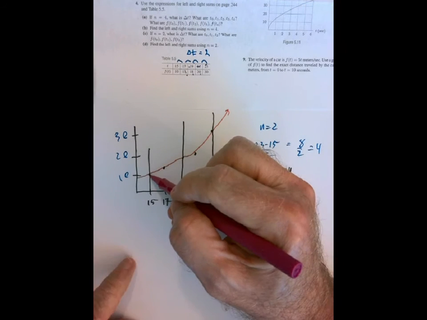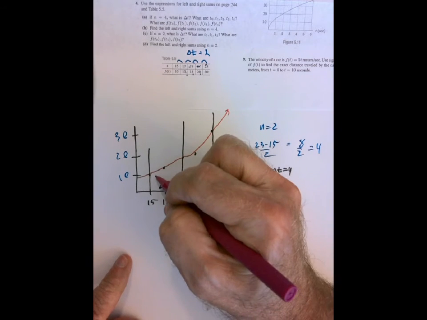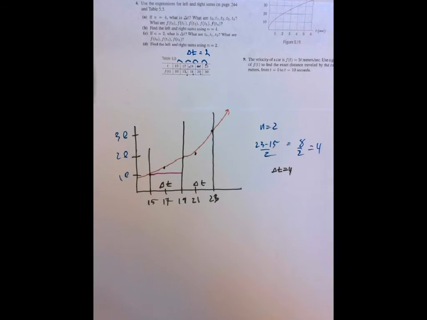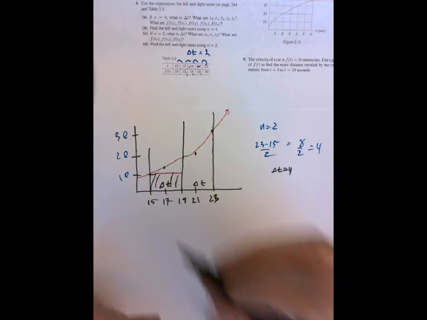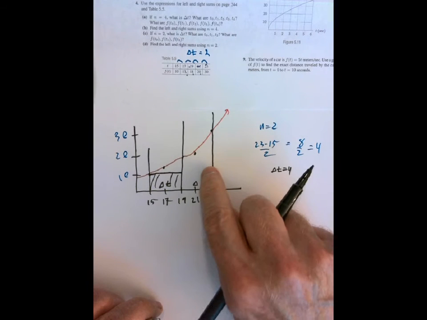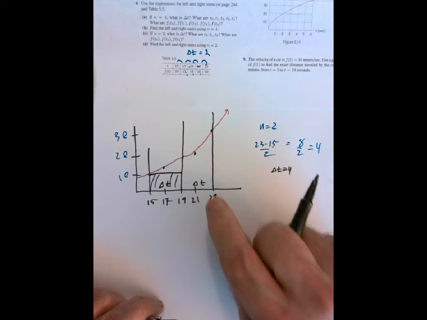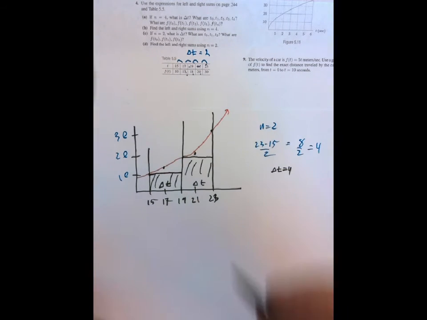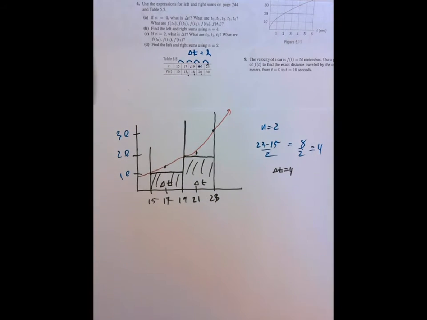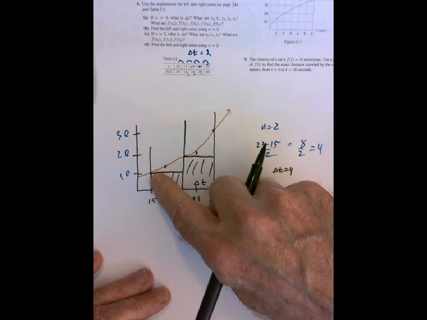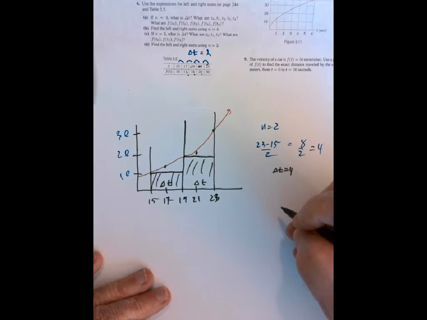Okay, we're going to take the first interval as this one here. So the left-hand sum is just like that, right? There's the rectangle for the left-hand sum. And then to get the left-hand rectangle for the second interval, we go up to its left-hand boundary right there. Okay? And we can see, using again the data in the table here, 15 to 19, we're using the left-hand boundary, so we're using the 10, right?